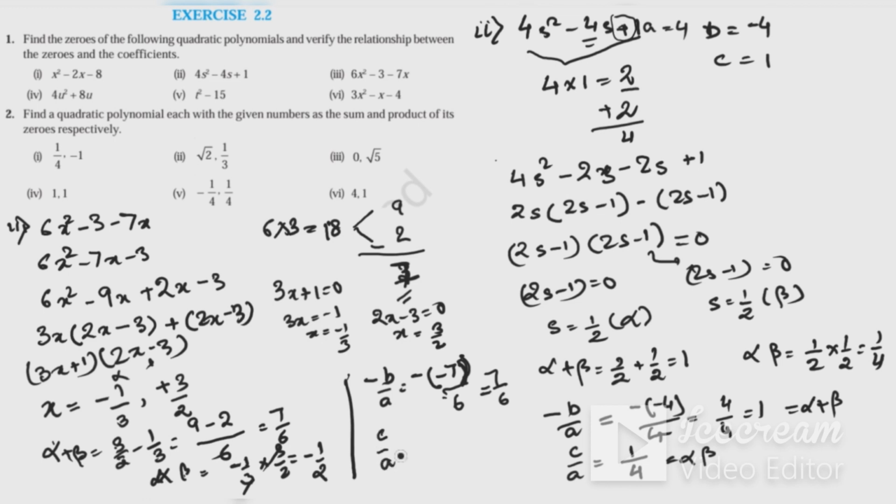And what is c by a? c by a is equal to minus 3 by 6, which is equal to minus 1 by 2. So you see that alpha plus beta is equal to minus b by a, and alpha beta is equal to c by a. Alright, so that is the thing.